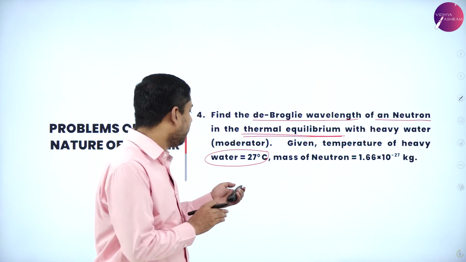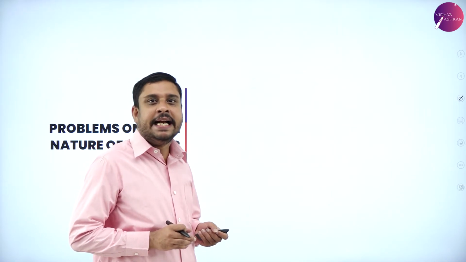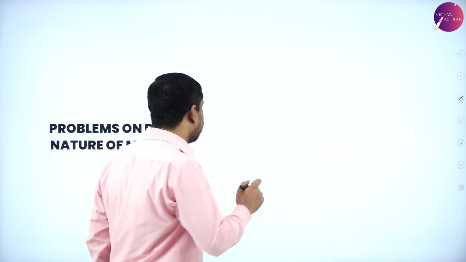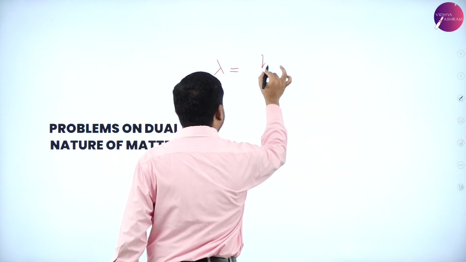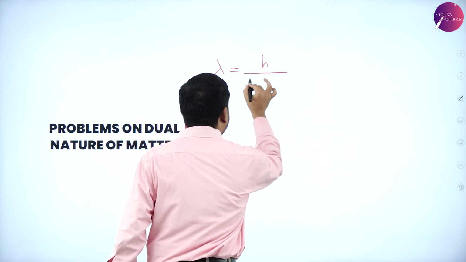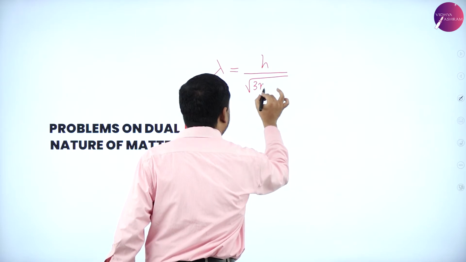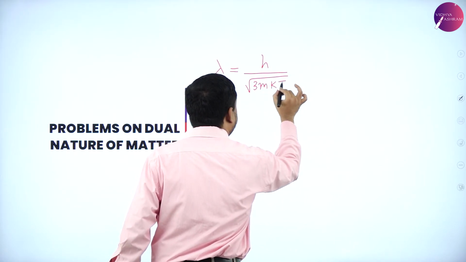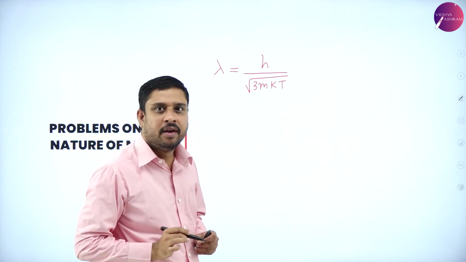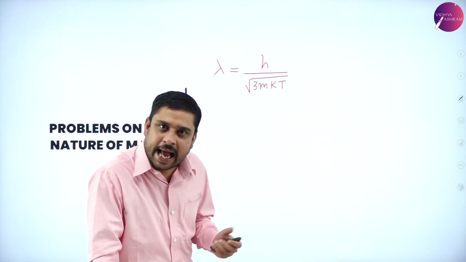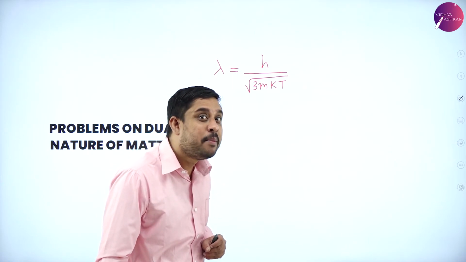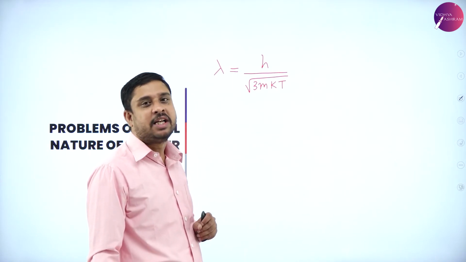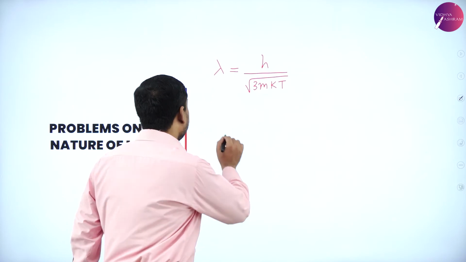So this is a problem where de Broglie wavelength is associated with thermal energy. And therefore, de Broglie wavelength in terms of thermal energy is lambda equals h divided by root of 3mkT. What is T? Temperature, given. What is k? You remember? Boltzmann constant. Very good.